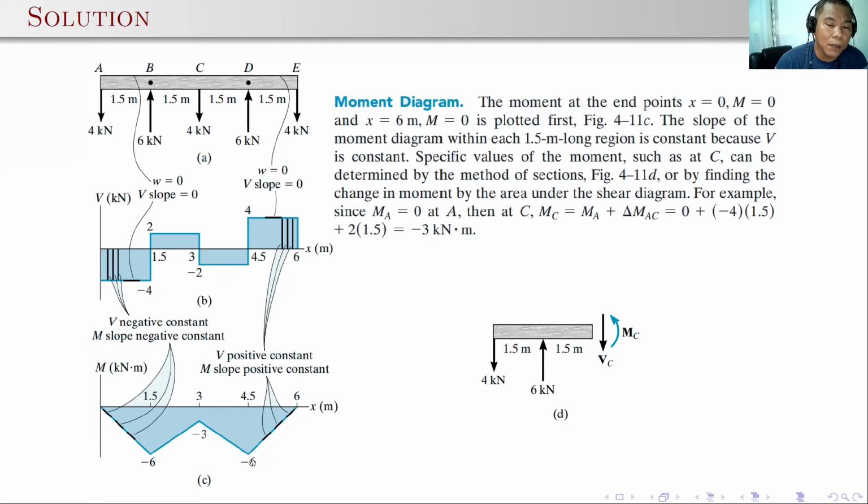Then you can just follow the slopes, because here the shear is negative constant, so the slope for the moment should also be negative constant, that's going down. And on the other side, the shear is positive constant, so the moment here is also positive constant. So that's how easy we draw the shear and the moment diagram.